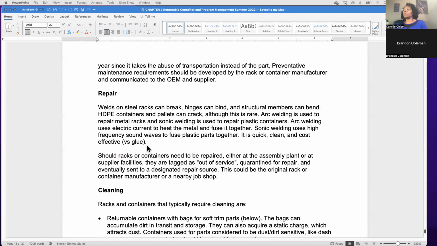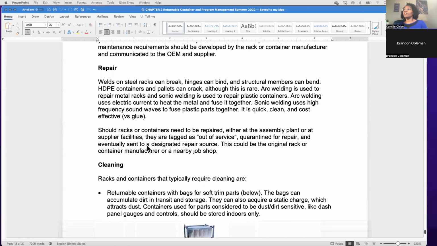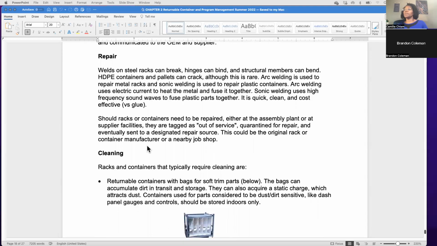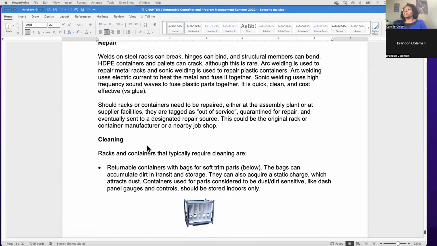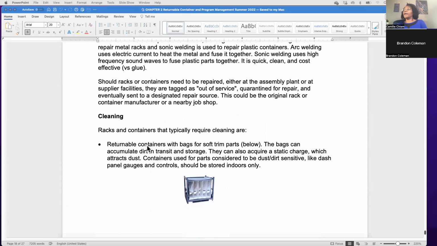And I talked about that as well. There are ways to repair bins. So if you have a handheld tote, they can do sonic welding to repair those. For the larger bins that have doors, they have spare parts for doors and hinges, and they can replace those things too. So there are some processes to replace these things.